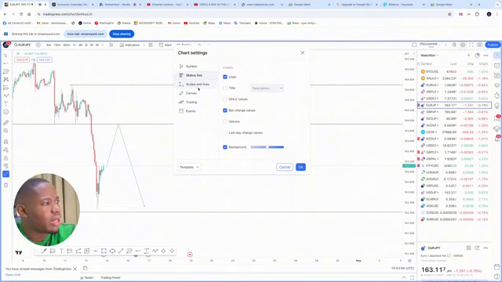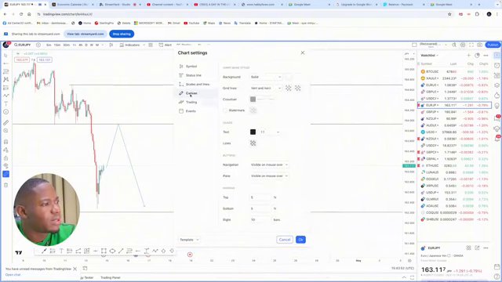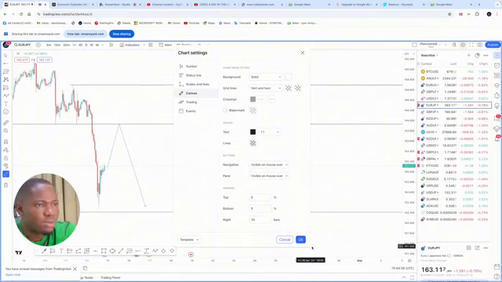Then scales and lines. Okay, so you see this? If you can screenshot this, try to do it like this. Let me take a screenshot. You see the chart settings, grid line, make sure it's this color. You got it? Yep. All right.